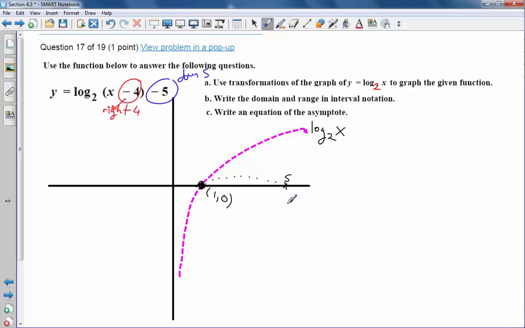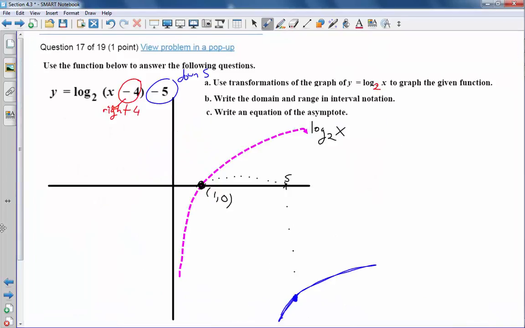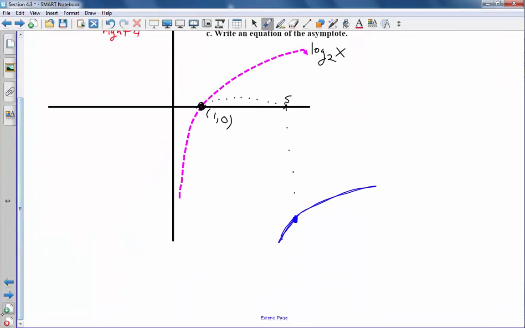This point is going to go 5 down. 1, 2, 3, 4, 5. There you go. It's a very poor picture, unfortunately, because I'm out of room.